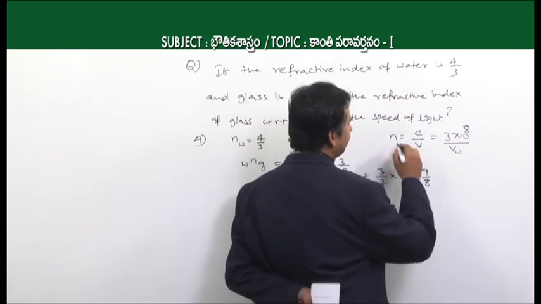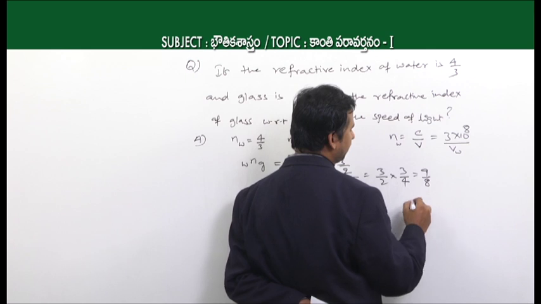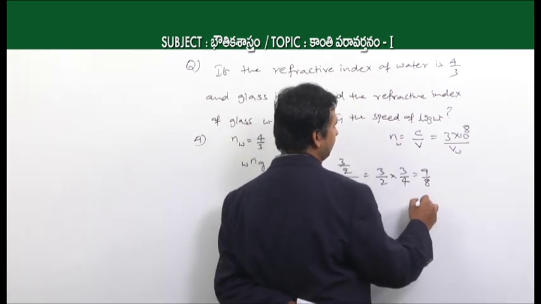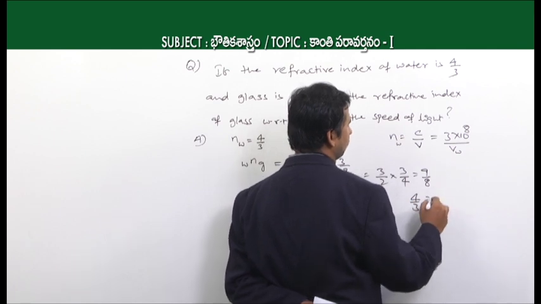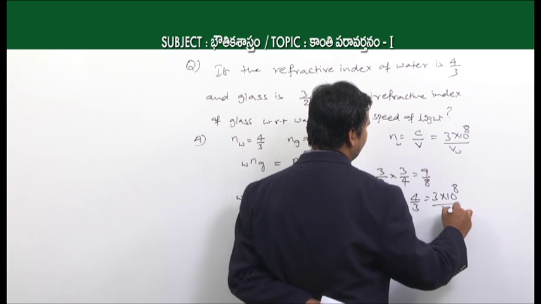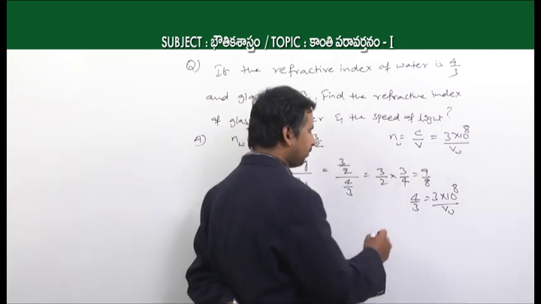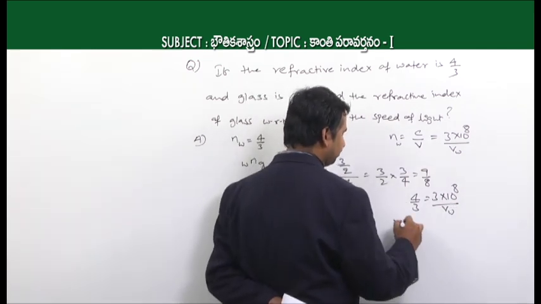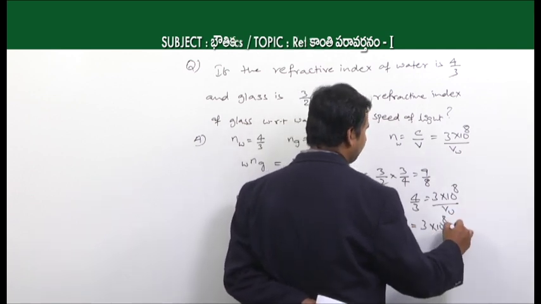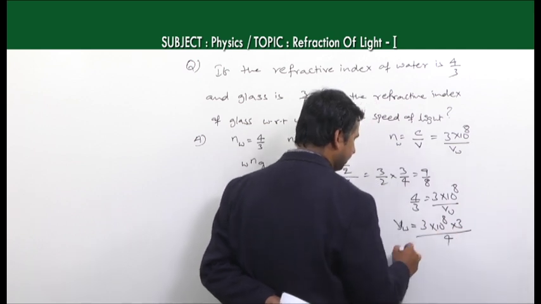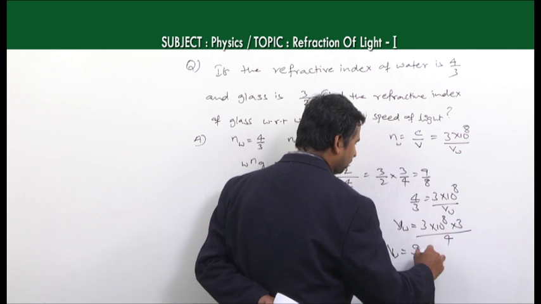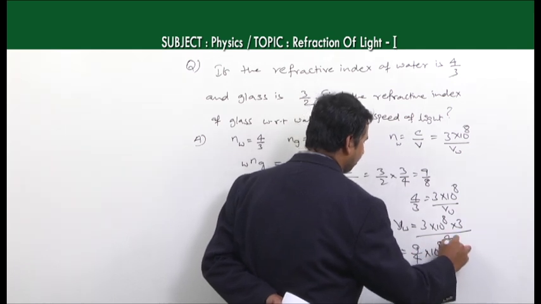Since the refractive index of water is 4/3, then 4/3 is equal to 3 into 10^8 by Vw. Then the velocity of the water is 3 into 10^8, and if you cross multiply by 3/4 you get 9/4 into 10^8 meter per second.